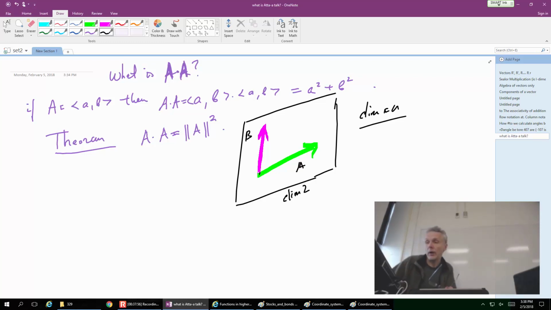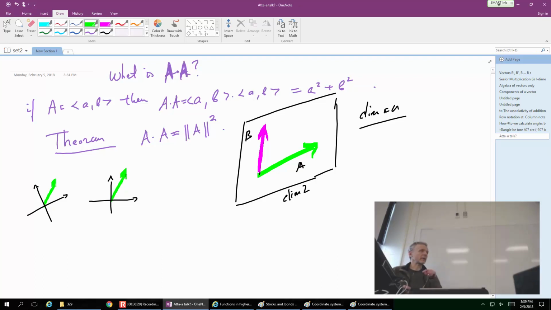I'm not sure if it is quite clear. If we have two Cartesian coordinate systems and we switch from one to the other, they will produce different components for our vectors, right? I have the same vector like this, and it will have different components because it's a different system.